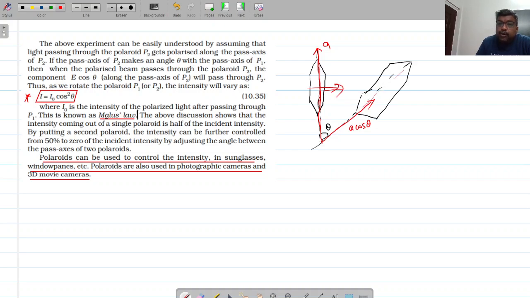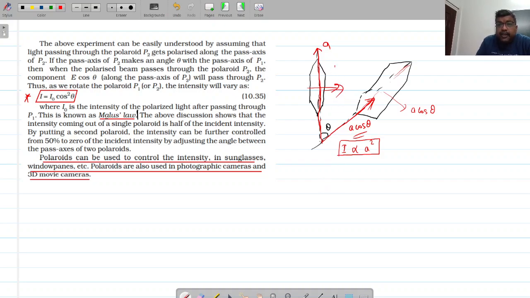So for this Polaroid, the amplitude in this direction is a cos theta. That means the light emerging from this will have amplitude a cos theta. Now we know that intensity is proportional to amplitude square.